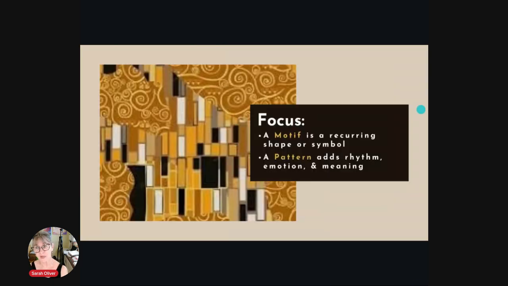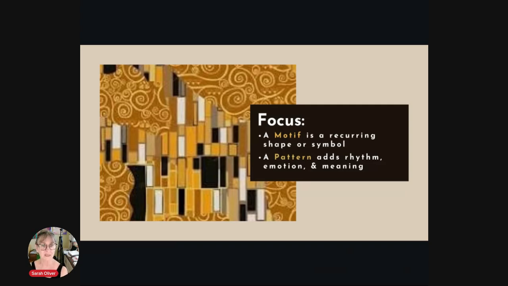So let's pause here. I'm going to bring up this pattern again. I showed this last week, but patterns really do matter, and this is a close-up look showing you once again recurring shapes and symbols.